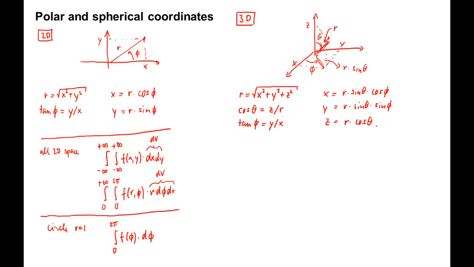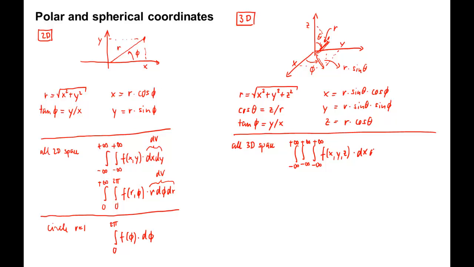We often have to perform integrations over all space. In Cartesian or rectangular coordinates, it's simple. Integral from negative infinity to positive infinity 3 times, of whatever function is given, so function of x, y, and z, times dx, dy, dz, which is the infinitesimal volume element, dv. In spherical coordinates, the corresponding volume element is different.